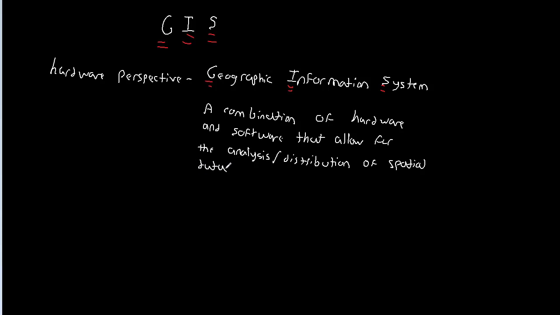So from this hardware perspective, GIS is basically relegated to knowing how a particular combination of hardware and software work to be able to meaningfully produce, analyze, and distribute spatial data. So this would basically be cartography software. From the hardware perspective, the S stands for system, meaning a combination of hardware and software. And in the case of geographic information, meaning that this hardware and software is primarily oriented towards the analysis and distribution of spatial data.